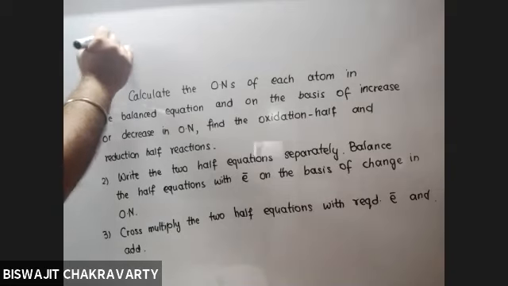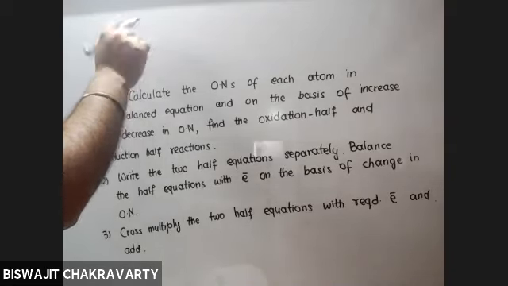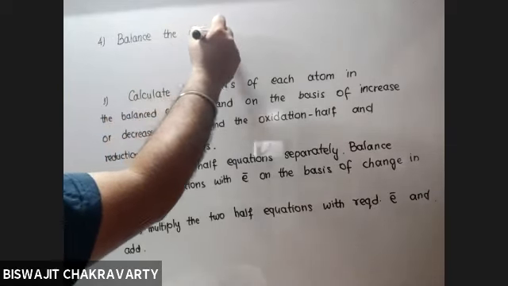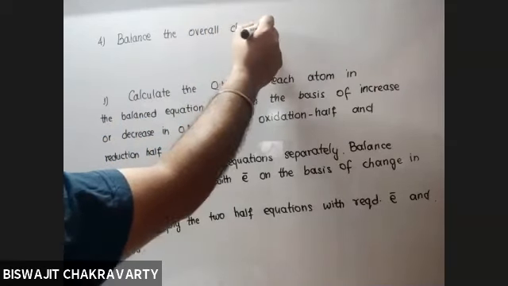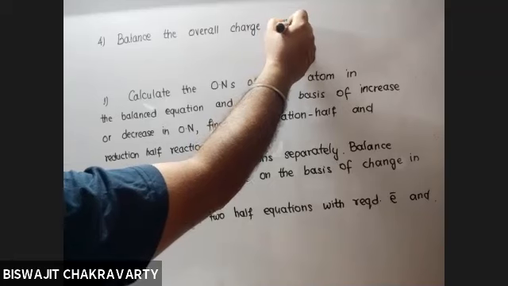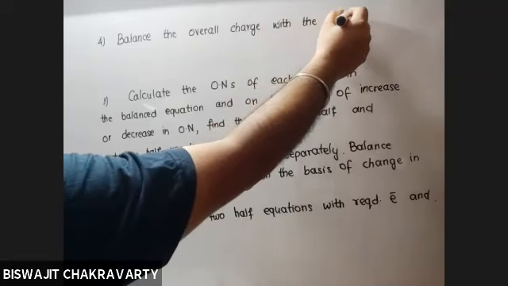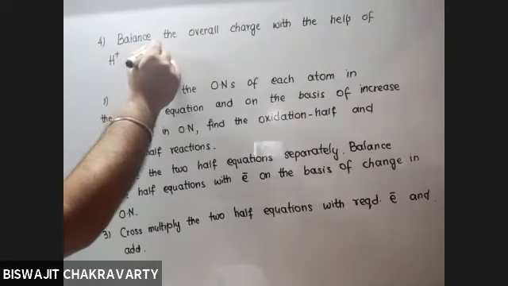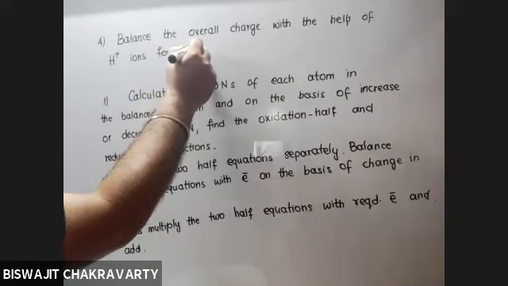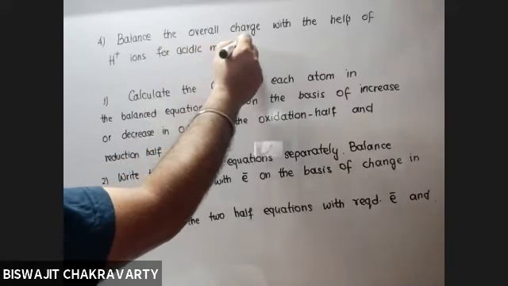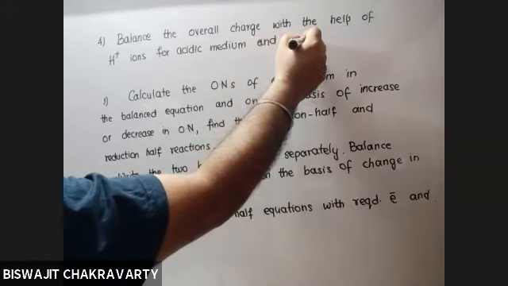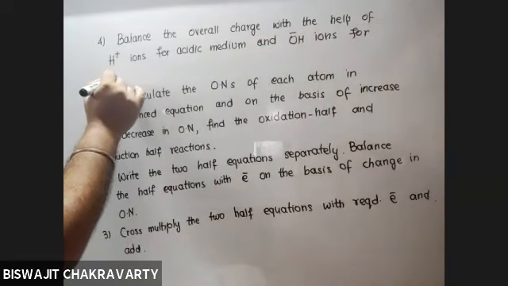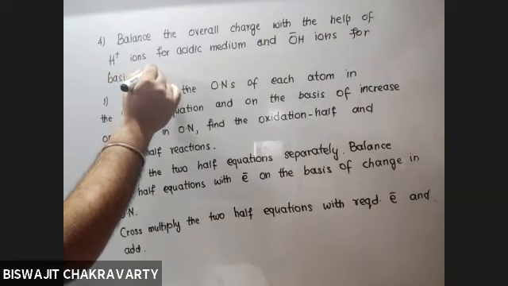Point number 4. Balance the overall charge with the help of H plus ions for acidic medium, and OH minus ions for basic medium.